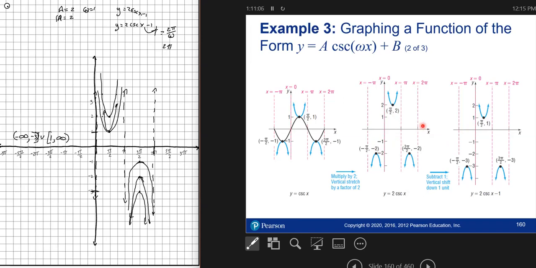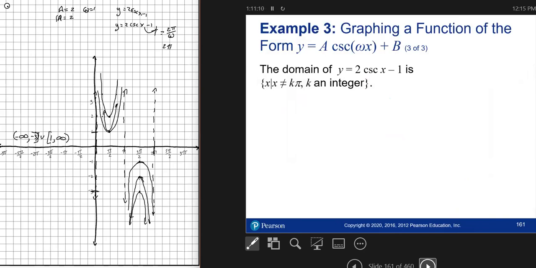Okay. The domain remained the same. Oh, I said pi over 2 times an integer. It's all multiples of pi that x cannot be.